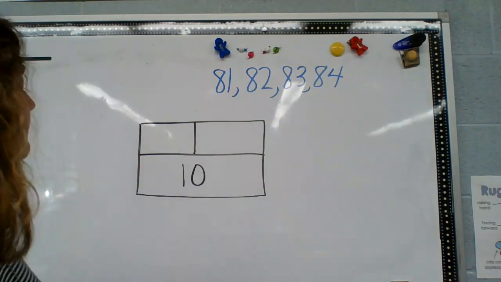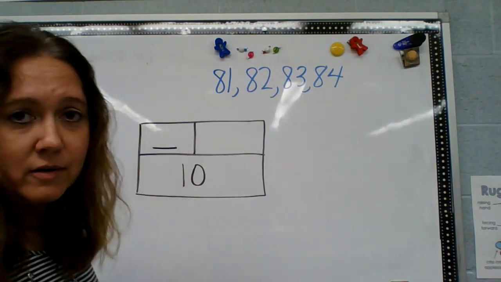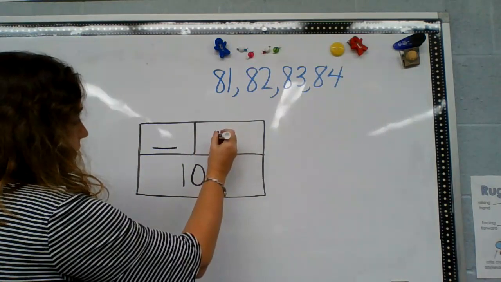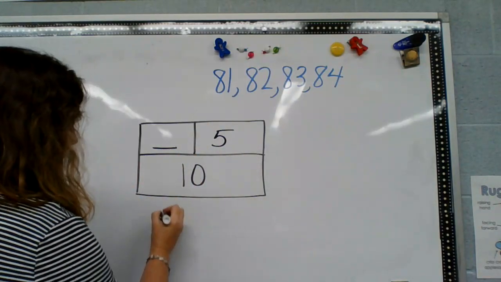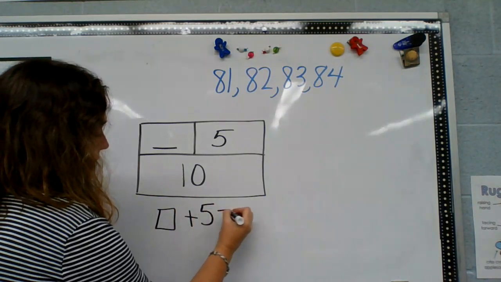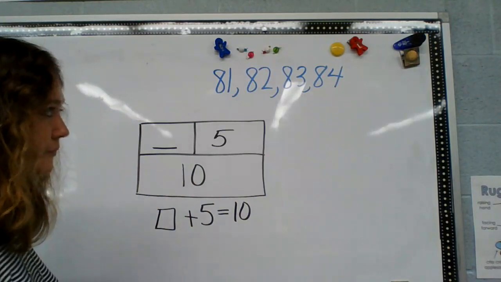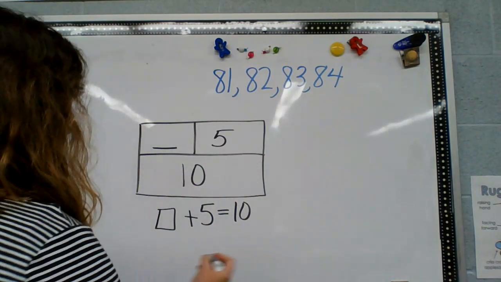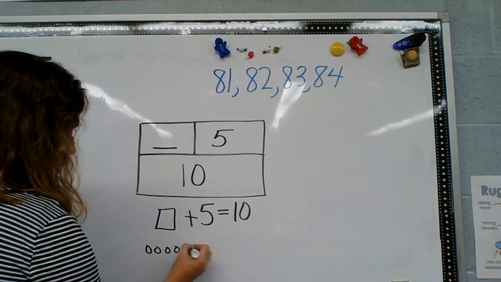Let's do, this time we're going to start with we don't know how many there are and 5. That's an easy one. Blank plus 5 equals 10. If you had your cereal, I'm going to pretend that these are Cheerios.